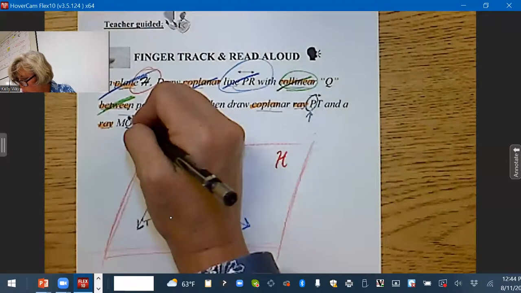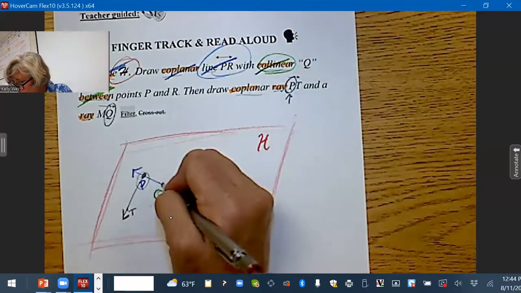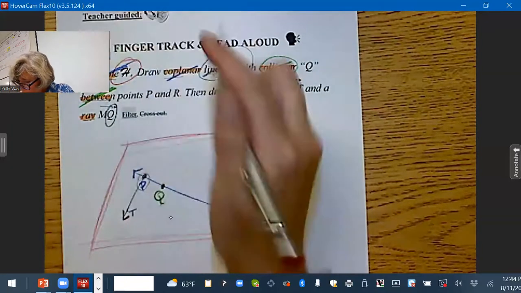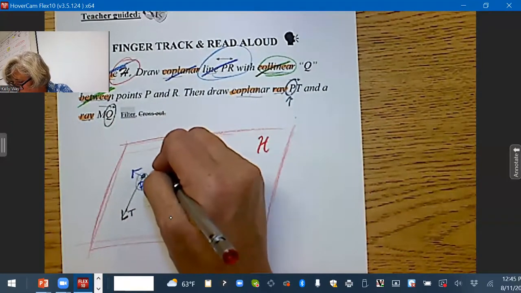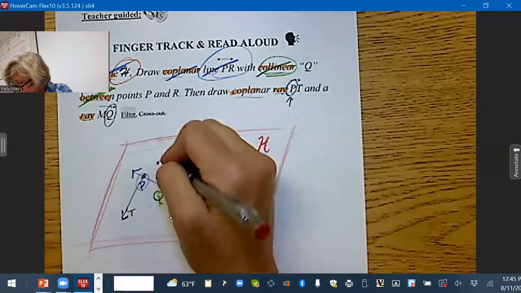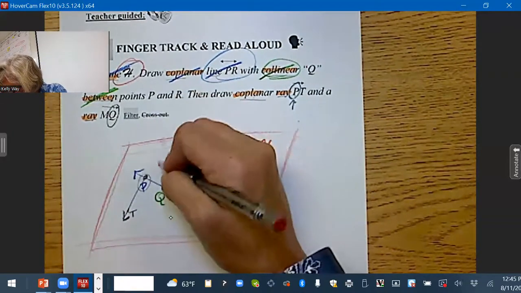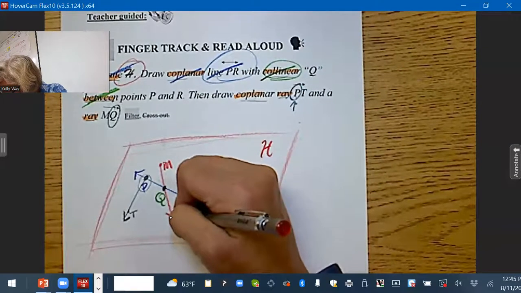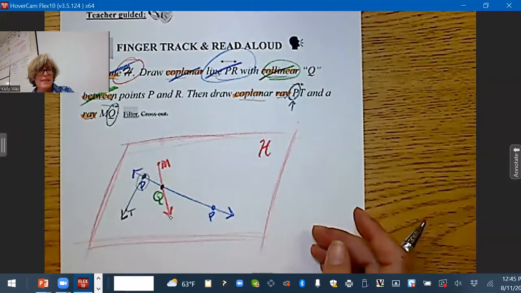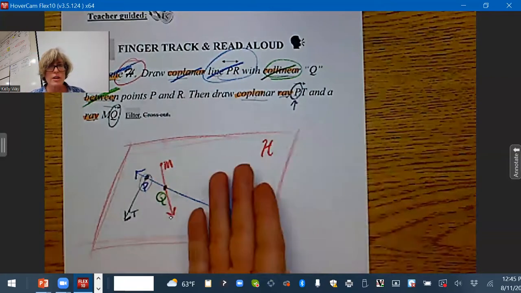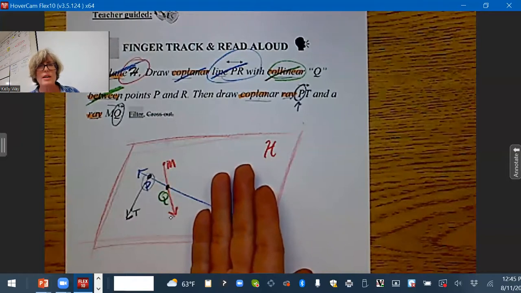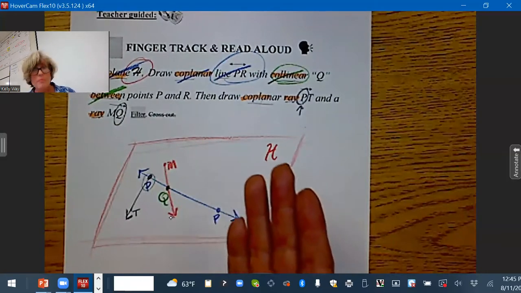Same letter, same point, so it's the same Q, but Q's not the endpoint, M is, so I'm introducing another point M. Endpoint M going through Q. Q's the arrow point. 3 body parts you read with, 3 times you read it through. Congratulations, you now have your first geometric word diagram sentence. Let's try another one.